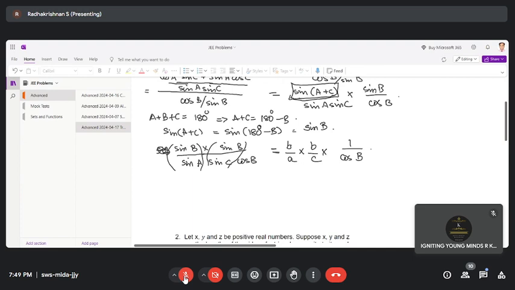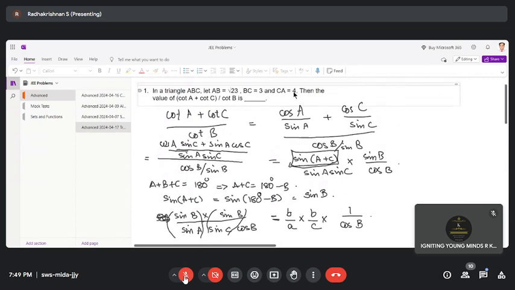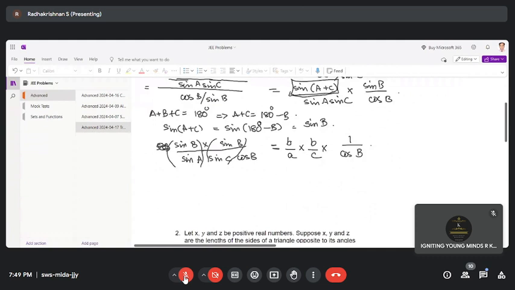Now how to get cos B? We have to apply the cos rule here. What is the cos rule? The cos rule is B square equal to A square plus C square minus 2AC cos B. This is the cos rule.